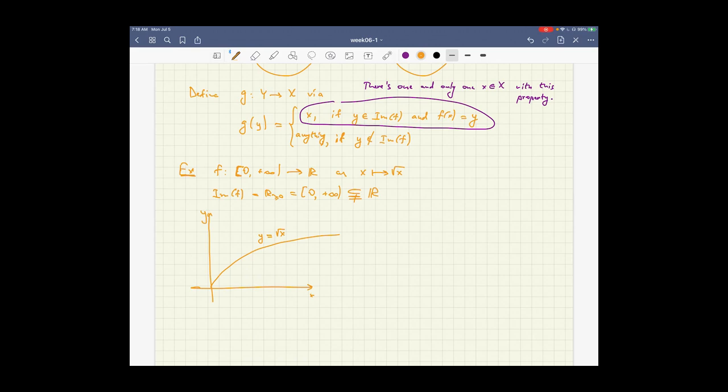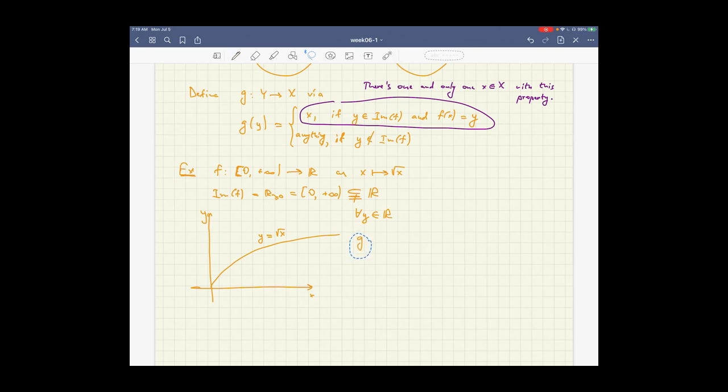For example, I could define function g for any y in the set of real numbers.